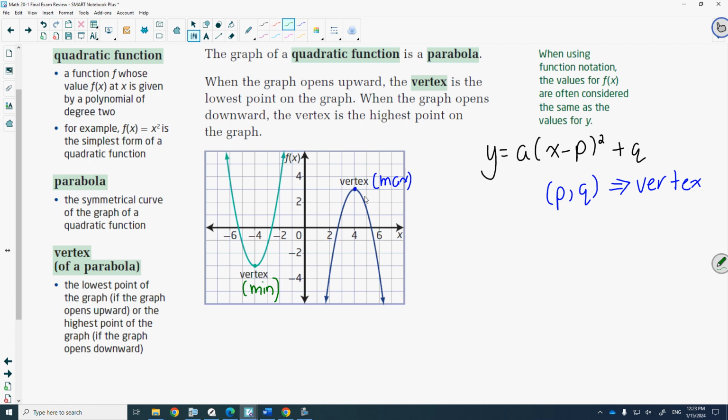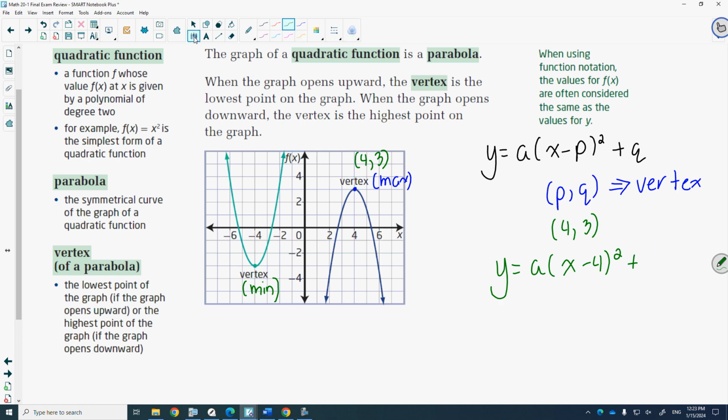But once you get your vertex, so this vertex would be located at 4, 3, you put it into your quadratic equation. So this equation becomes y is equal to a. Is it going to be x minus 4 or x plus 4? It's going to be x minus 4, close bracket, squared, plus q. Plus 3.